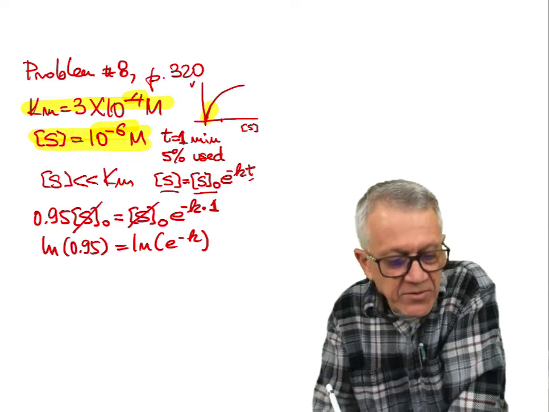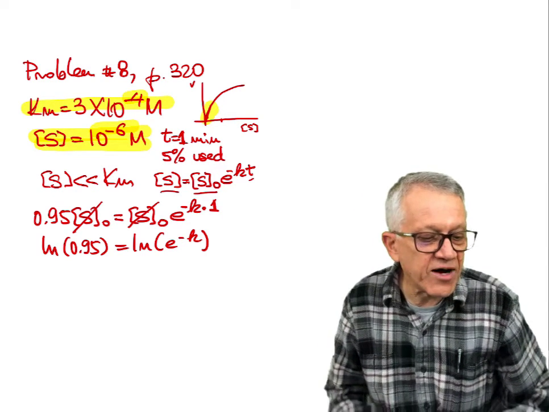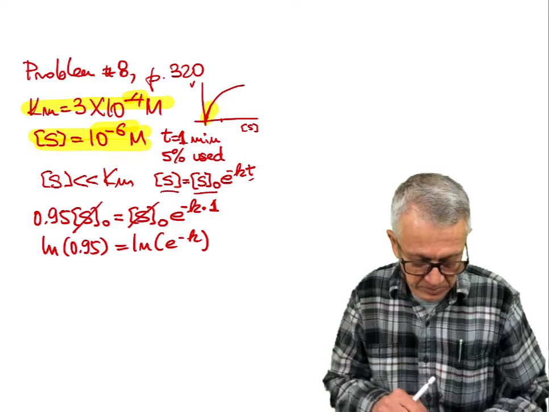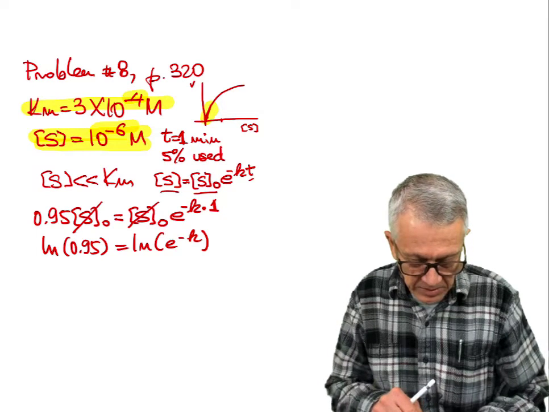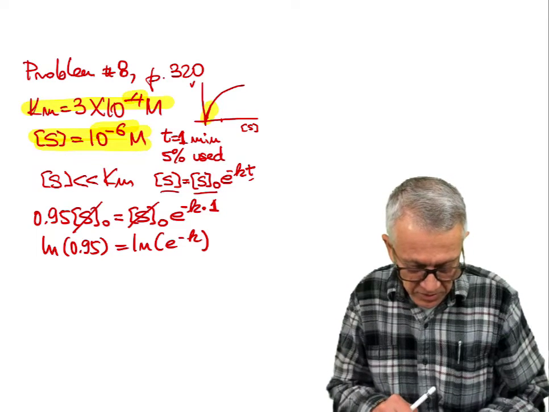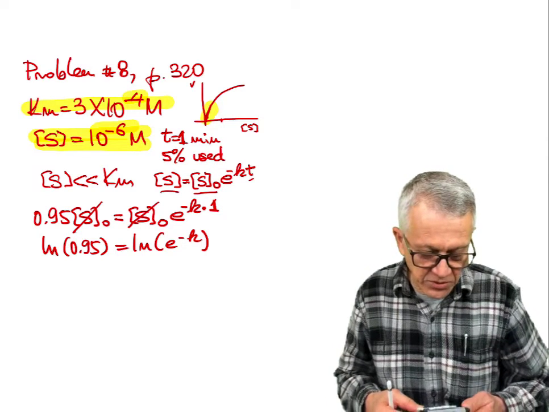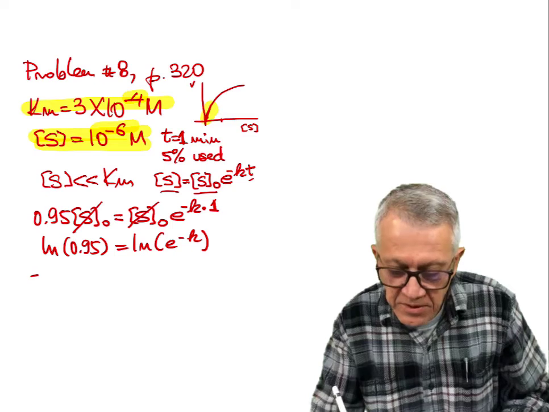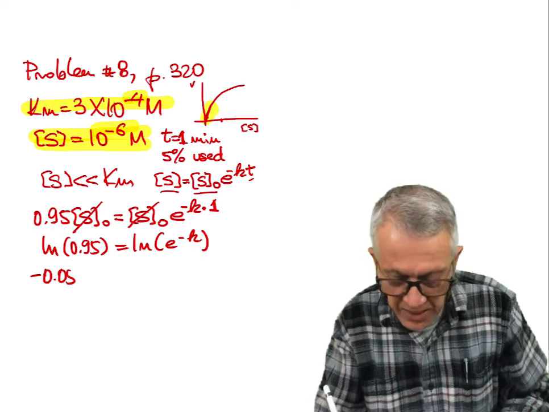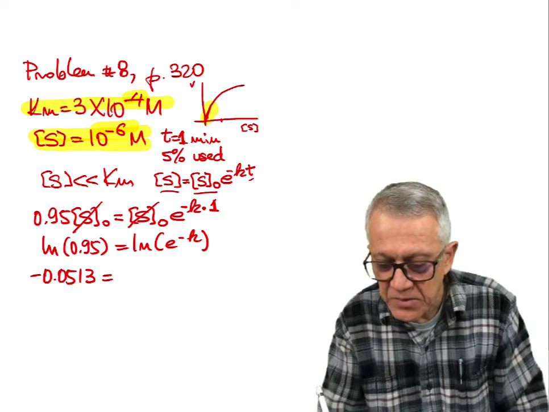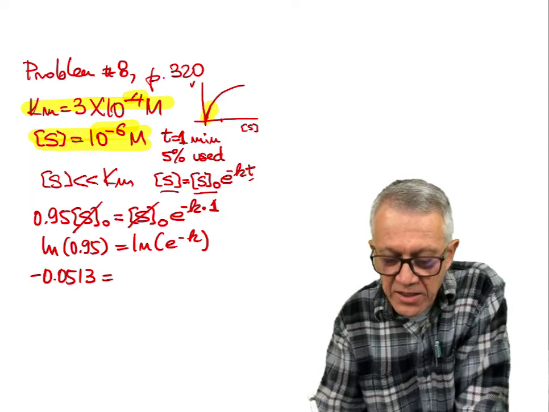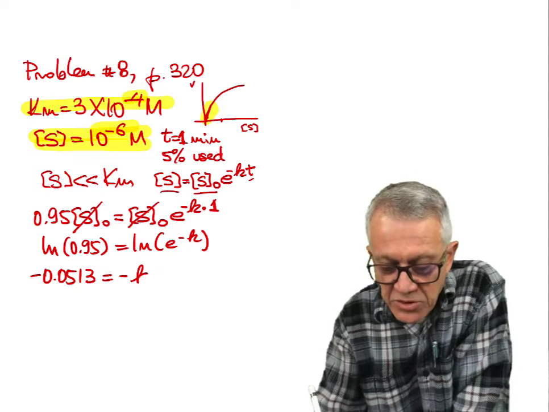So the natural log of 0.95, okay? We want to make sure that you get the natural log, which is negative 0.0513. And the log of the other side is going to be -k, right?